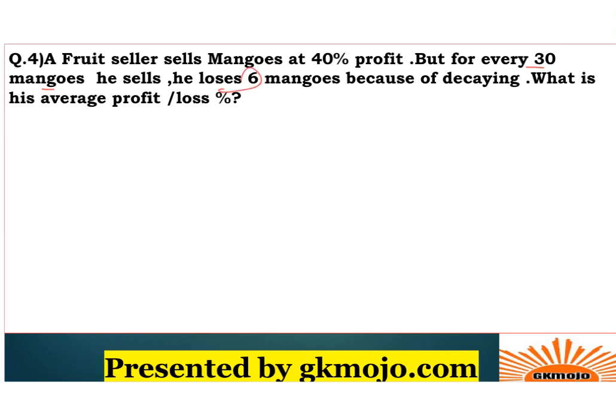What is his average profit or loss, they are asking you, right? So what we'll do is, let the cost of one mango be rupees 1, just assume this. Thus the price at which this fruit seller sells the mangoes will be 1.4. Why? Because there's 40% profit.